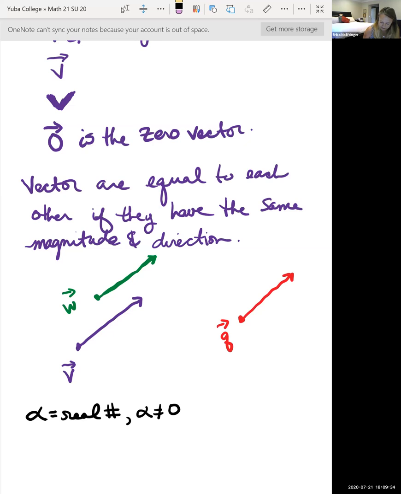Then alpha times a vector, I'm just going to call it V, is going to have the same direction. Well, actually I should say one thing. Two cases can happen. Alpha can be greater than 0. So let's just say alpha is also greater than 0. We'll talk about if it's negative in a minute. So it has the same direction.